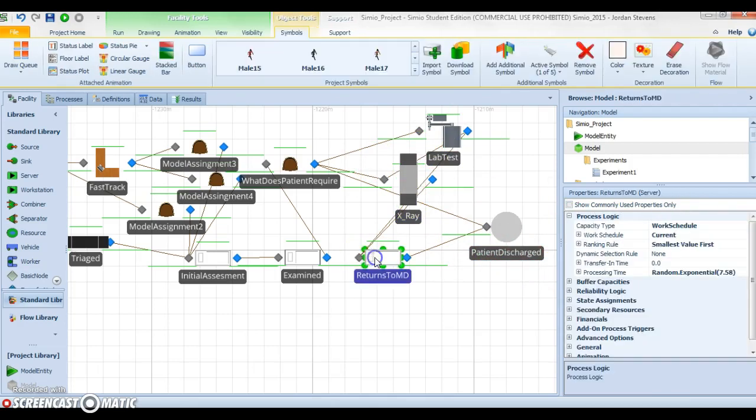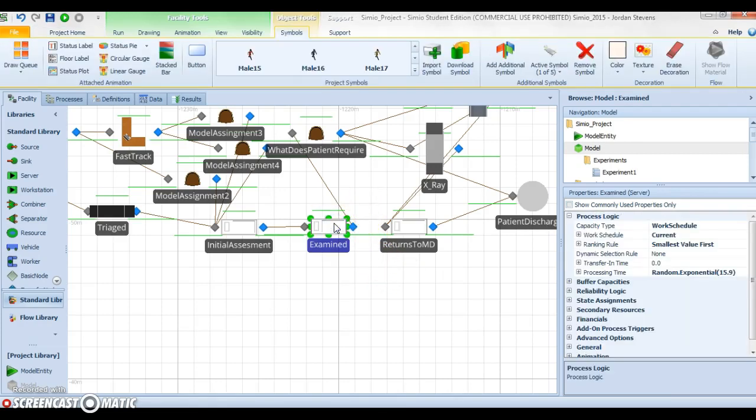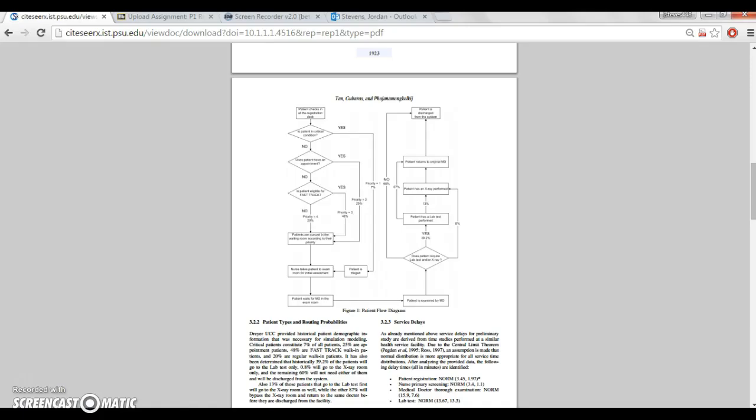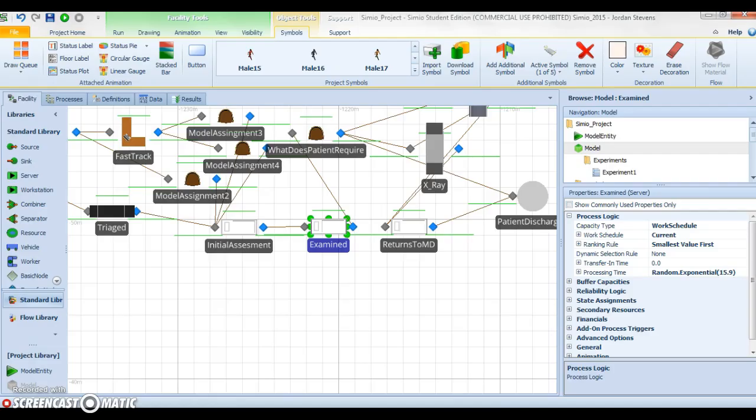Okay? So what this actual study is showing is they have a current schedule for the doctors, and they have a proposed schedule for the doctors. To make a schedule like the one given in the paper, I made a work schedule in Simio.